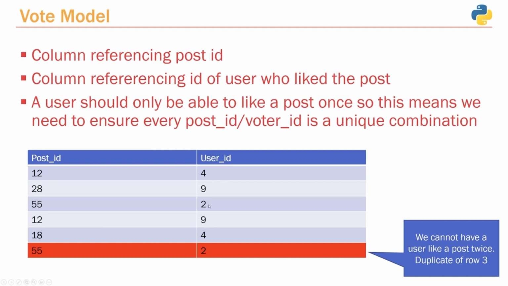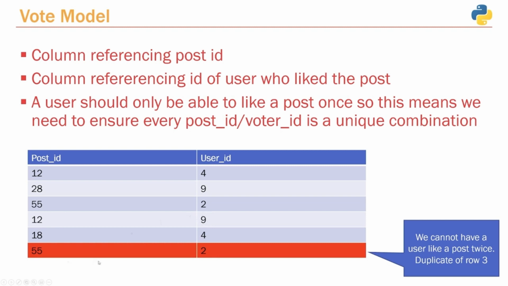And under the user ID section, it's perfectly okay to see a repeat in this column as well, because we can see that a user of ID 9 voted and liked a post with an ID of 28, as well as a post with an ID of 12. And then obviously, one post can be liked by different users. So a post with an ID of 12 was liked by a user with an ID of 4, and the same post was also liked by a user with an ID of 9.